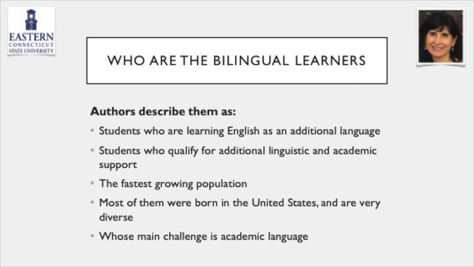We could also say second language, but sometimes it's a third or even fourth language. Also, these are students who qualify for additional linguistic and academic support in English. It is the fastest growing population in the States, and most of them were born in the United States and are from diverse backgrounds. And many times their main challenge is not social language, but acquiring academic language.